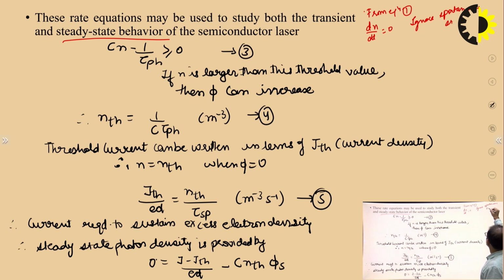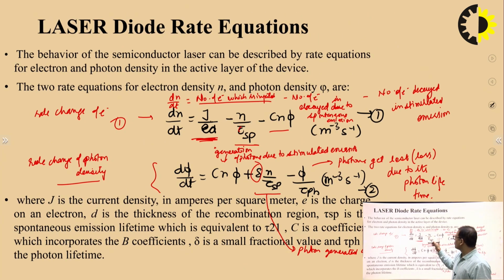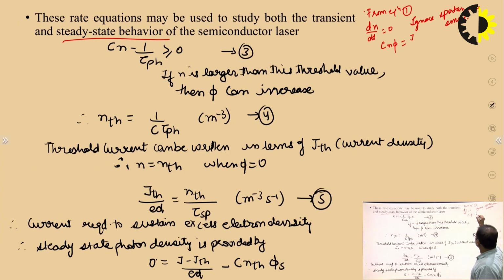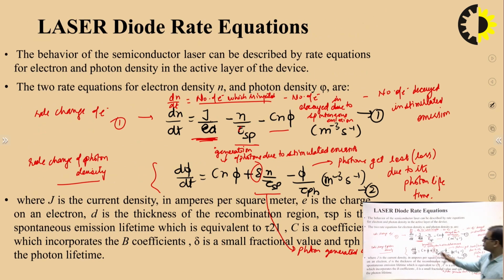So you will see that C N phi comes out to be J upon Ed. So J by Ed is equal to C N phi.